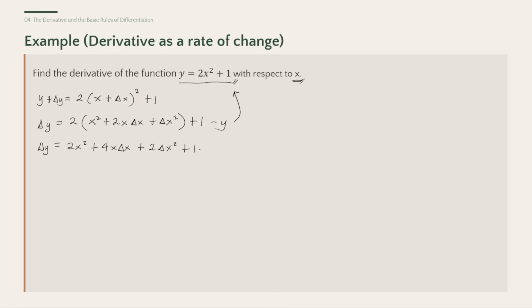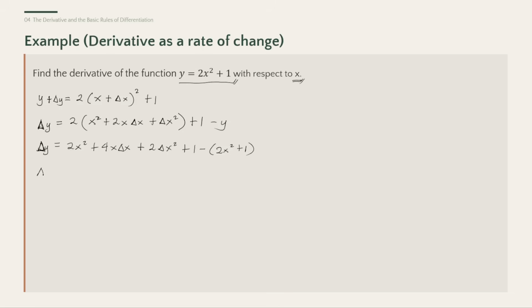We can substitute 2x squared plus 1, replacing y with that expression, so that the right hand side is represented by x only. Then we simplify the expression.